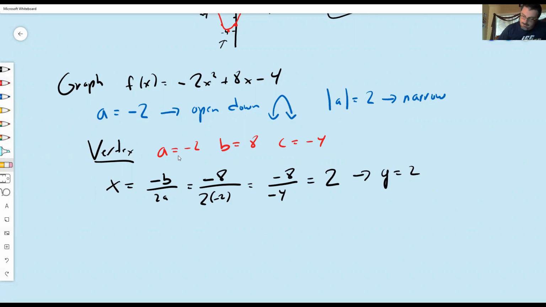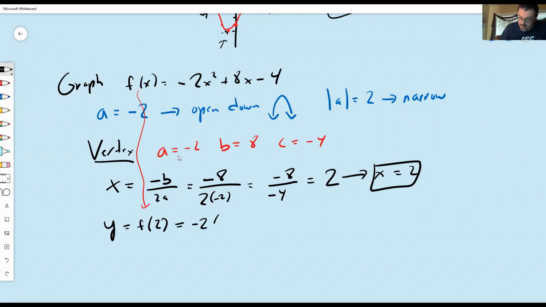And y is you take this x value and put it into your original function. So y is f of 2. So -2 times 2 squared plus 8 times 2 minus 4.